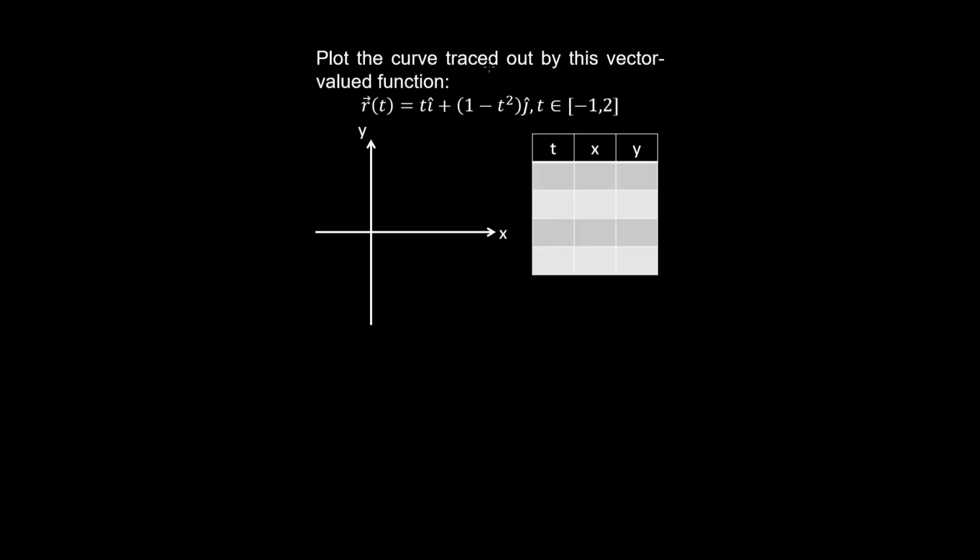Let's plot the curve traced out by this vector valued function. So x of t is equal to t, and y of t is equal to 1 minus t squared. So what we'll get are the following values from t equals minus 1 to 2.